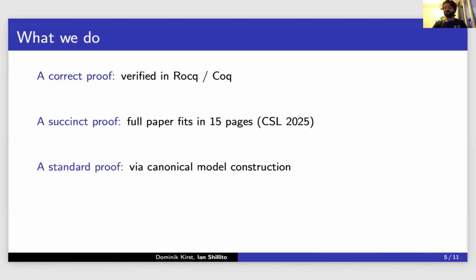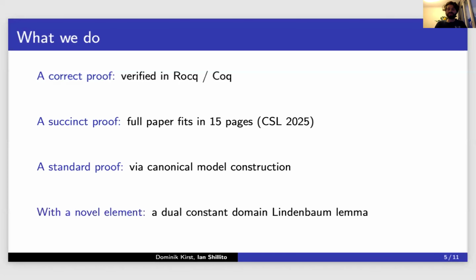It's also a rather standard proof because it does a usual canonical model construction and uses quite standard machinery that I will explain further down the line. But still, it's not entirely boring, in the sense that we did provide a novel element, a dualization of an already existing argument that's out there in the literature, that we call the dual constant domain Lindenbaum lemma, and I'll tell you more about this later on.